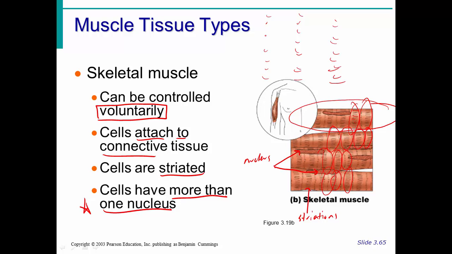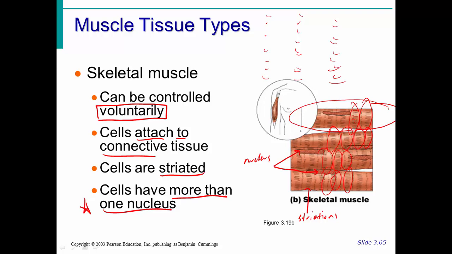And so skeletal muscle, the key identifying characteristics are that skeletal muscle cells have striations, those snake bands. I always think it looks like snake skin. Cells attached to connective tissue is just saying that skeletal muscle is always going to attach to bones or use tendons to attach to bones. Cells are striated.